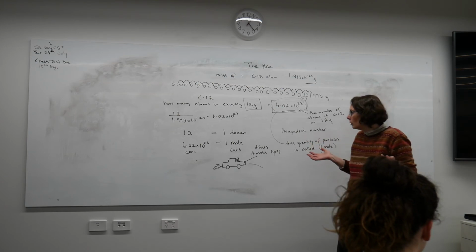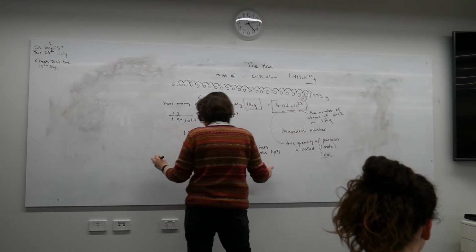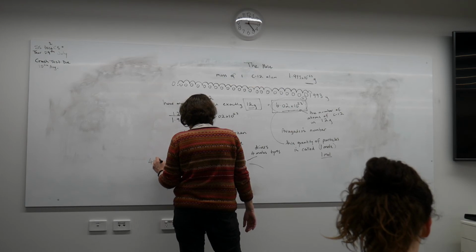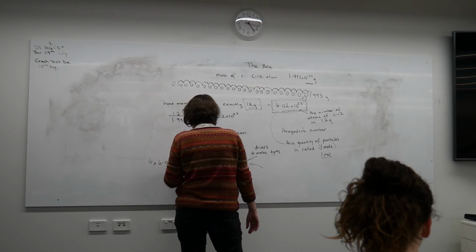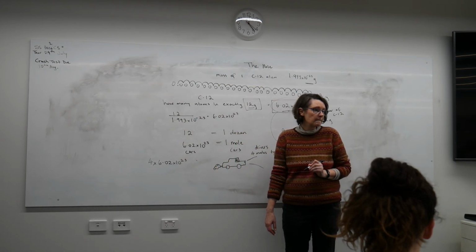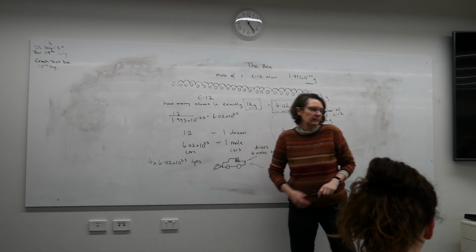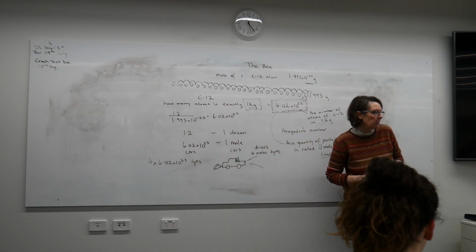Okay, I've got 1 mole of steering wheels. I've got 2 moles of headlights. So if I wanted to work out how many tyres I have, I'd have to multiply that by 4. So I had a big number and now I've made it even bigger.